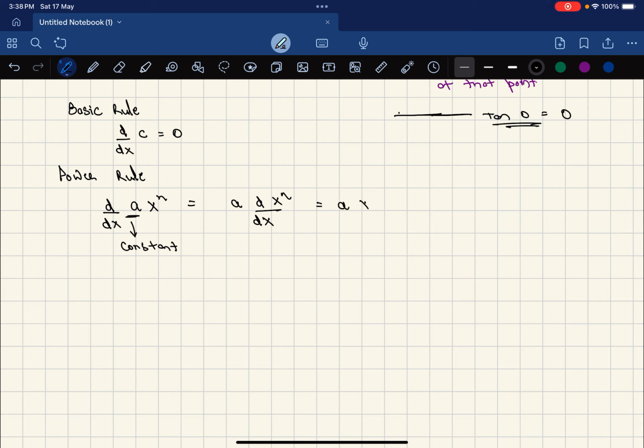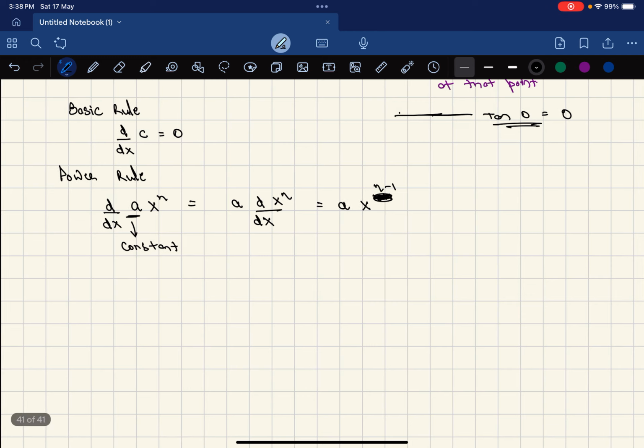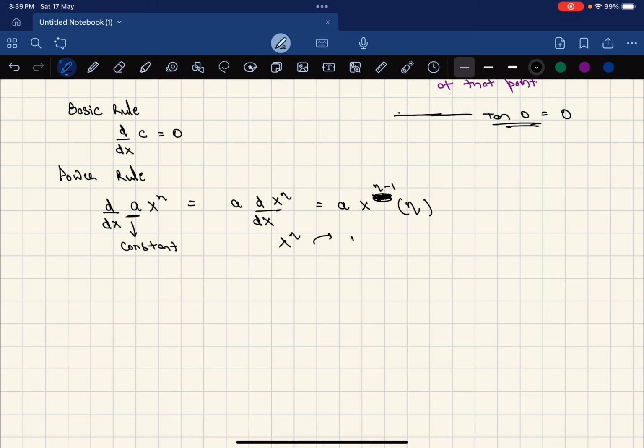So this is a multiplied by x raised to power n minus 1. So we simply subtract 1 from the power to get the required derivative, but we also need to put in n here. So the derivative of x raised to power n is nx raised to power n minus 1.